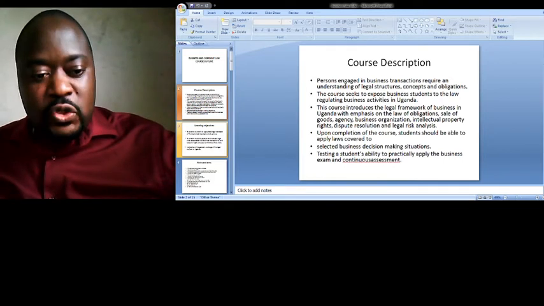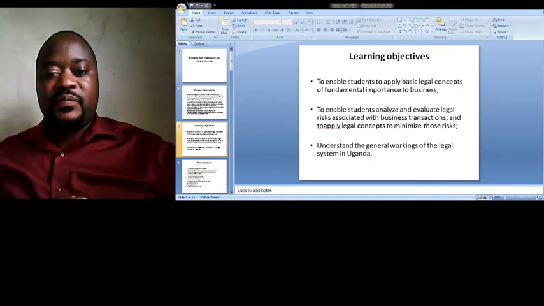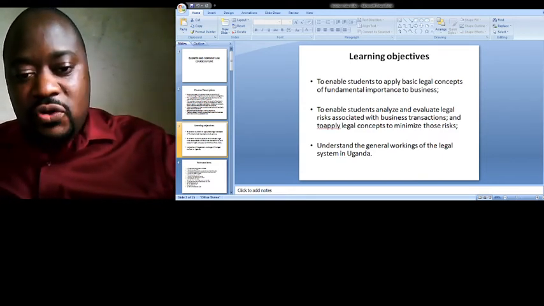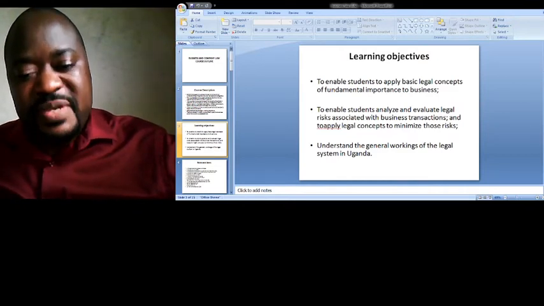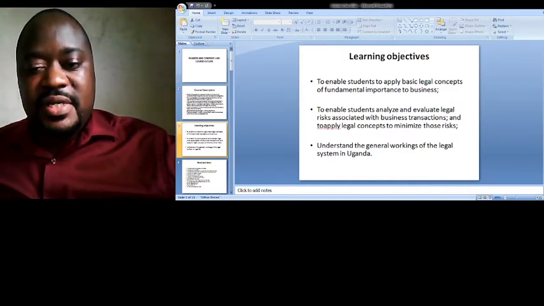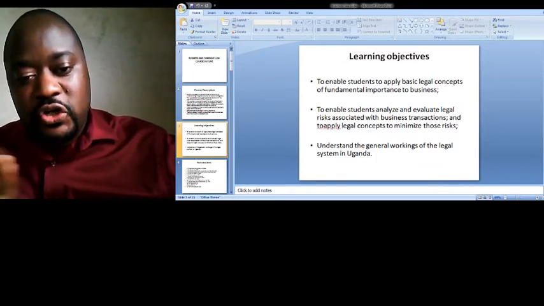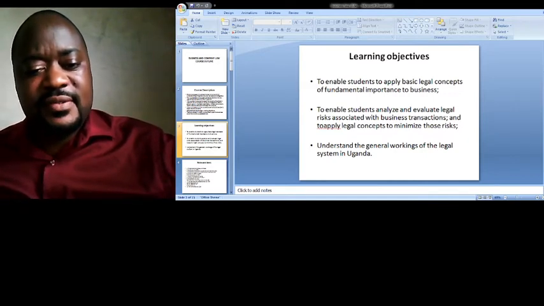Now let's briefly look through the learning objectives as per the course outline. To enable students to apply basic legal concepts of fundamental importance to business. It is important for you to appreciate the basic legal concepts of fundamental importance to business.